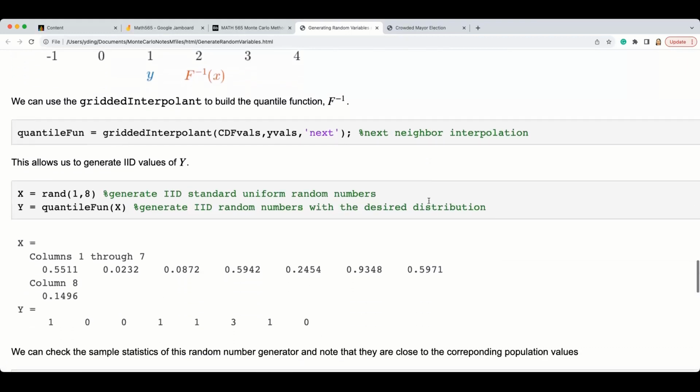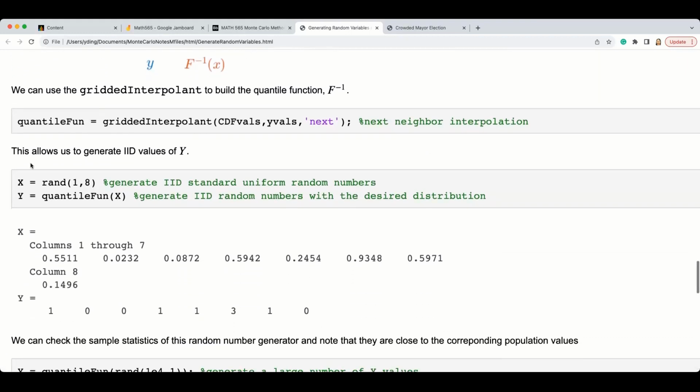And you will see what happened for this case. We try to generate some random numbers. So we have 0.5511, we know that's 1. 0.02, that's 0. And 0.08, this is less than 0.2, so 0. And this one is close to 0.6, but less than that, so 1. And then this is 0.2, greater than 0.2, still 1.